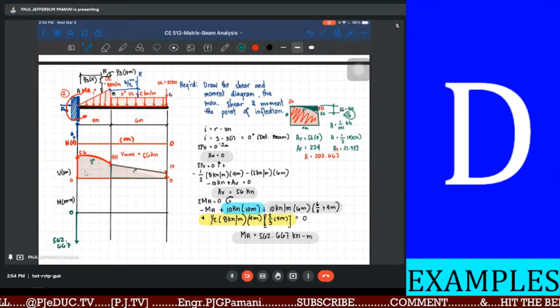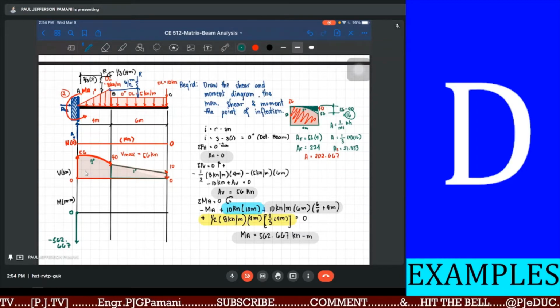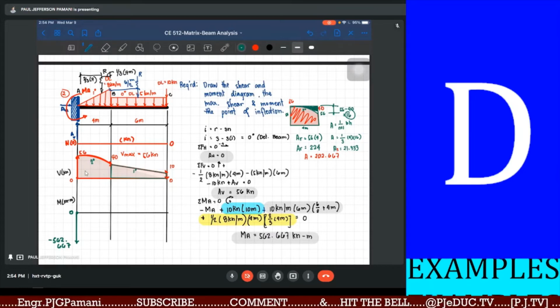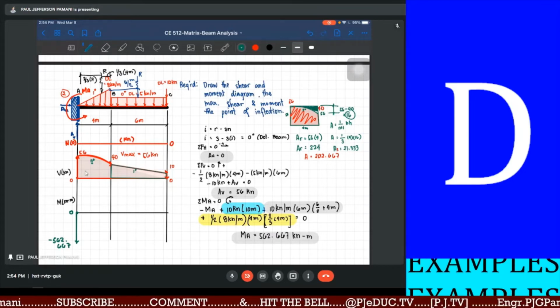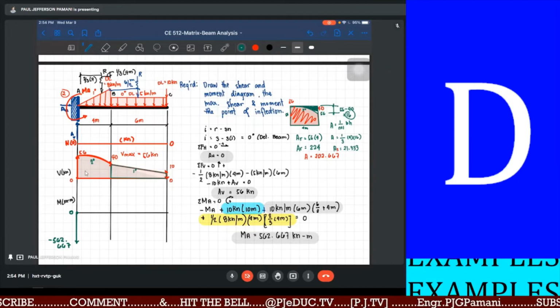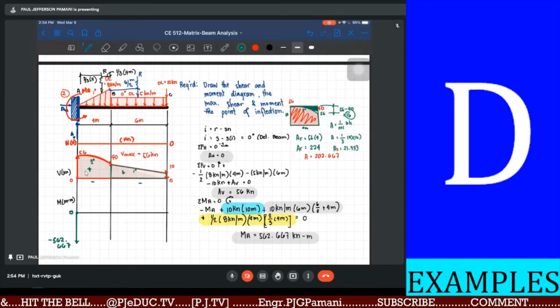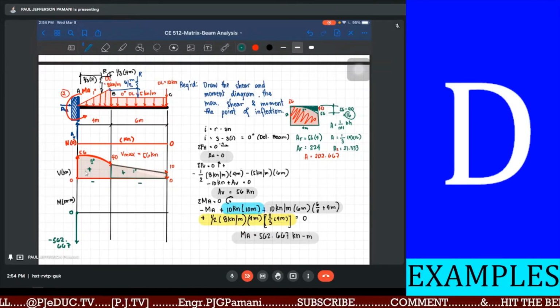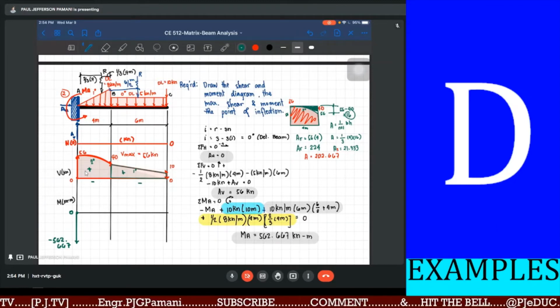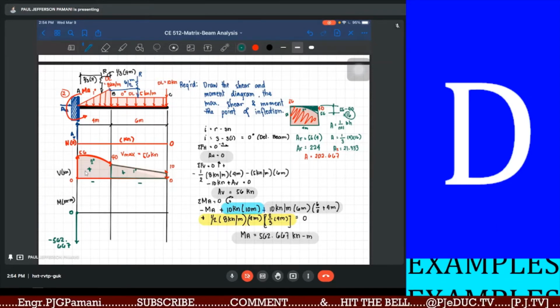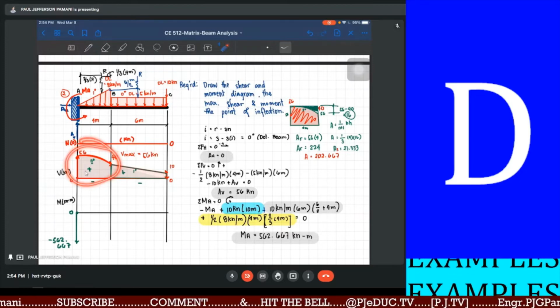Okay? Then if that is negative 562.667 plus, ano yun? Nandito siya sa positive quadrant. Ito yung negative. So, plus the area of this section. Okay?